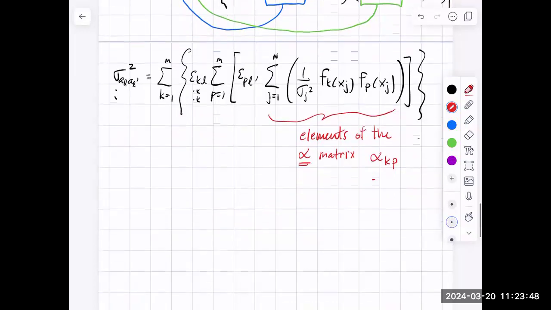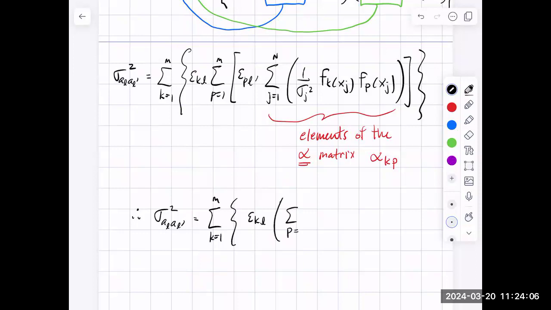Okay, so what we have then is sigma AL prime squared is equal to the sum over K equals 1 to M. Epsilon KL times the sum of P equals 1 to M. So then we get epsilon PL prime, and then we get alpha KP.